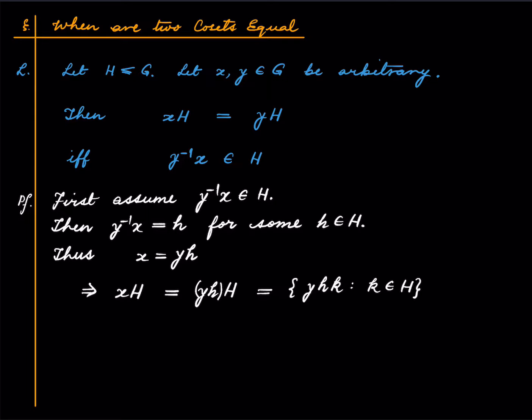Okay, but here's the thing. If we look at these things as k varies over H, what are all the things that we get? Now, if you look at the star mark problem, the elements that you get here are precisely the elements of H. Anyway, hk is clearly an element of H because H is a subgroup. So if you multiply two things in H, you will get something in H. But the point is, everything in H is of this form.